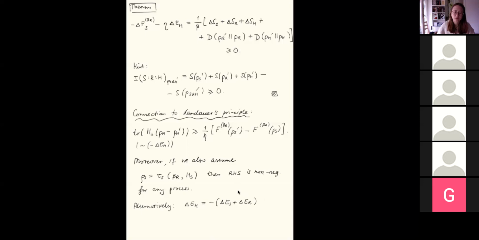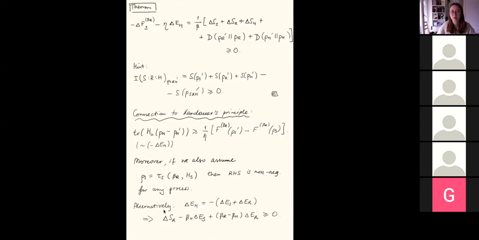This is true since the energy is conserved. Then we can write that delta S_R minus beta_H delta E_S plus (beta_R minus beta_H) delta E_R is bigger or equal than 0. If you substitute delta E_H by this equation in our theorem, you can see that you arrive at this equation.